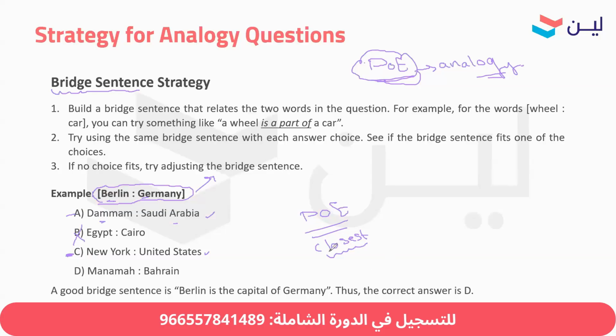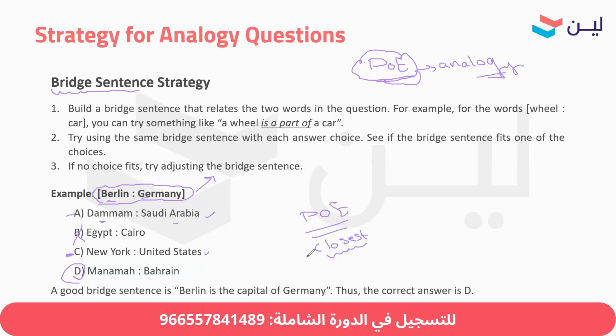Yalla, write your answers in the chat. Yes, excellent, D. Although some of you said at the beginning that Berlin is in Germany, which is correct, this is the closest and the most accurate. Dammam is in Saudi Arabia, New York is in the United States. Those are correct, but this one is the closest. Excellent. Thank you so much, Iram.